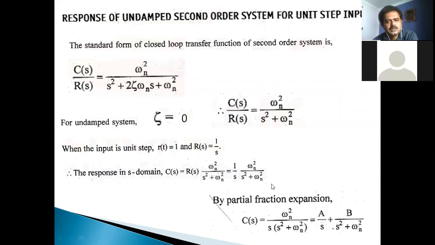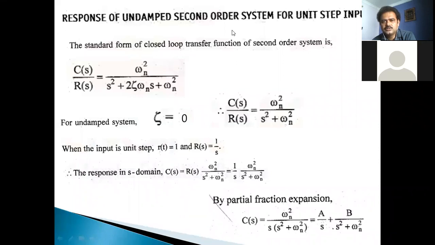In this case, simply substitute zeta is equal to 0 in the closed loop standard transfer function, and we know that R of s is equal to 1 by s. Simply 1 by s multiplied with the transfer function, you will get C of s in the s domain. To get the response in the time domain, simply use partial fractions: A by s plus B by s square plus omega square.